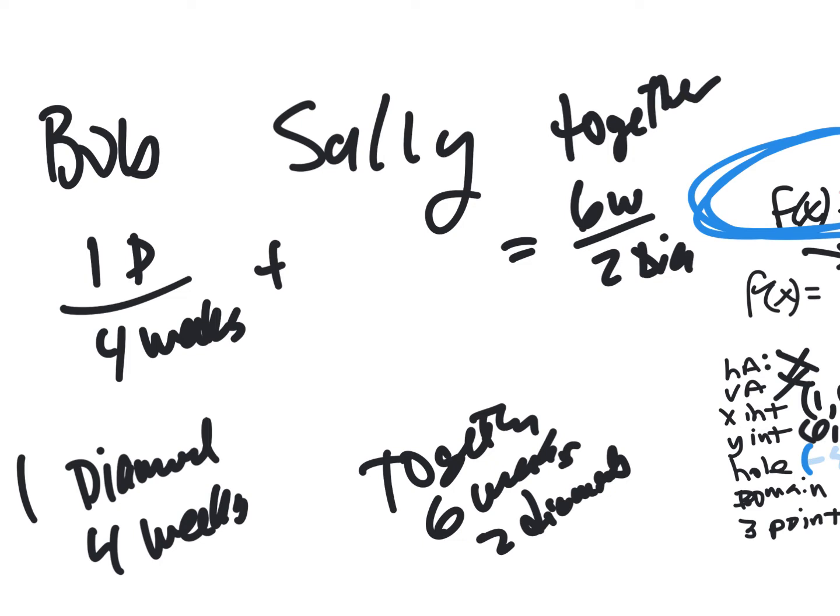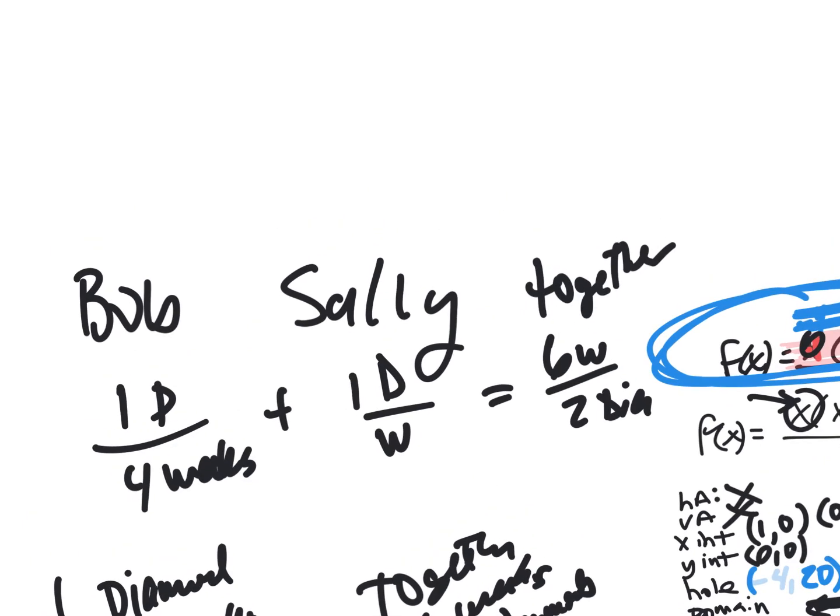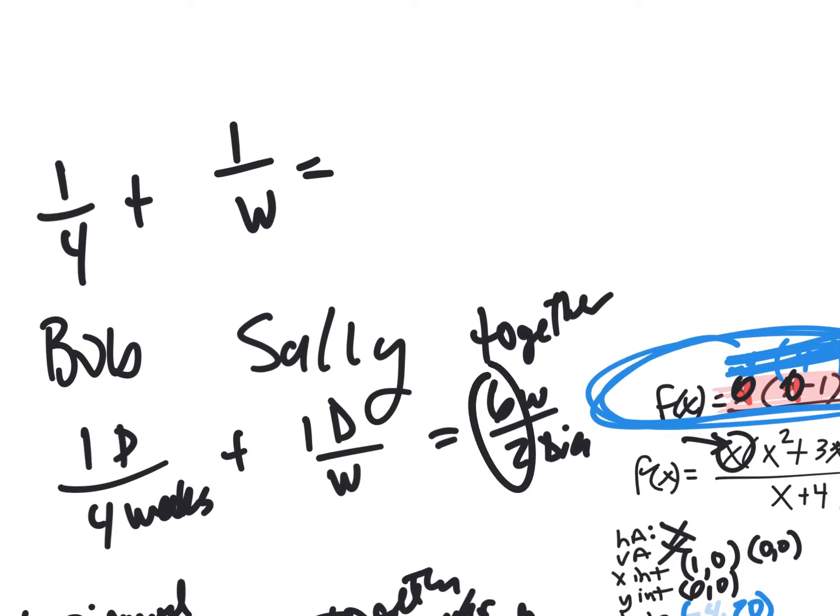And then last but not least, Sally, we want to know how long, so I have an X under the weeks, or maybe I put a W for the weeks. And I want 1 diamond. There we go. And now if you haven't already, you can clean this up and just say 1/4 plus 1/W equals 6/2, which of course reduces to 3.